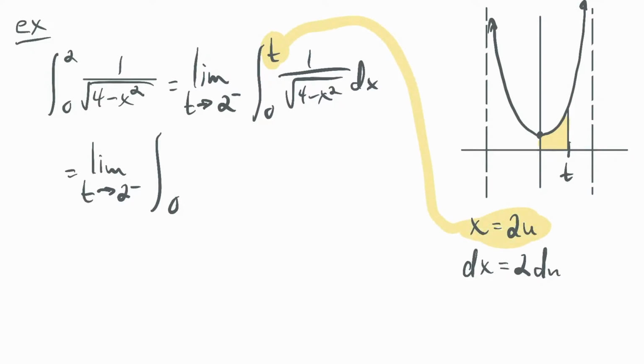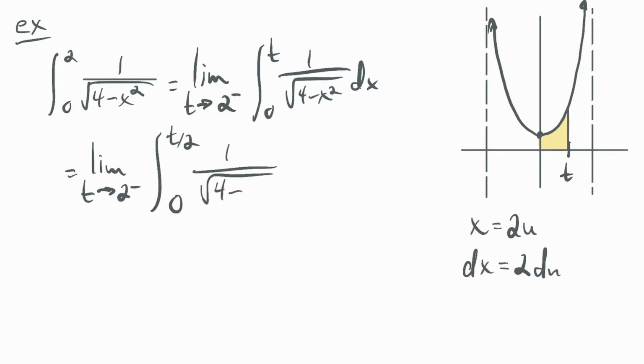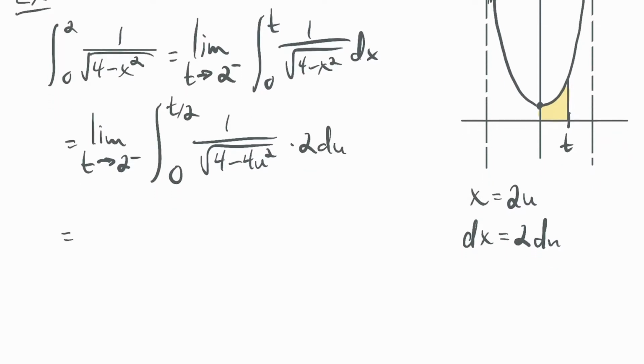If you plug t in for x, then u would be equal to 1/2 t, or t over 2. So 0 and t over 2. Those are my new limits. And then I get 1 over the square root of 4 minus 4u squared times 2 du.